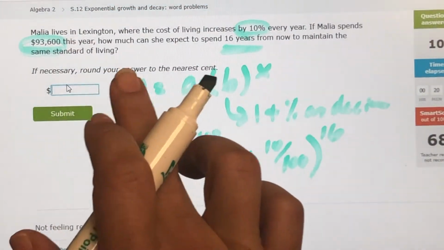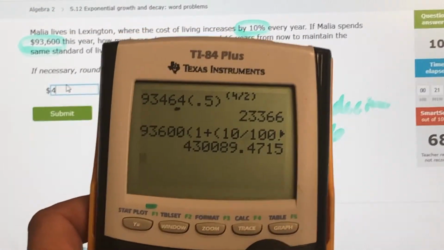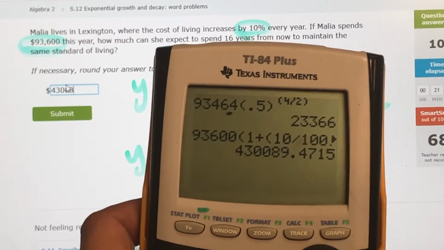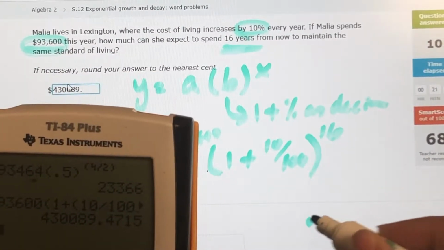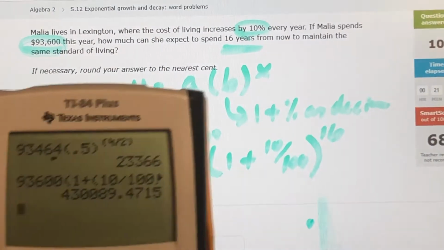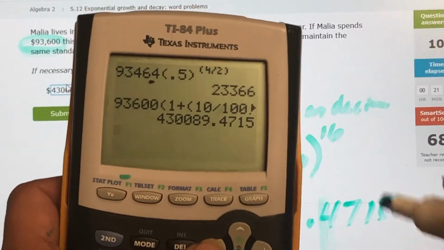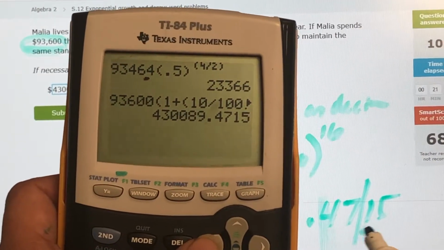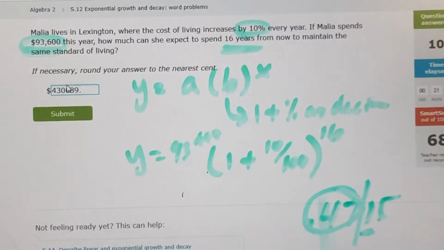Round your answer to the nearest cent. So I have 430089 point. Now cents, like 25 cents, there are 2 numbers after the decimal. So I look at my 2 numbers. 4717 is after the decimal. The third number does nothing, so it stays as 0.47.